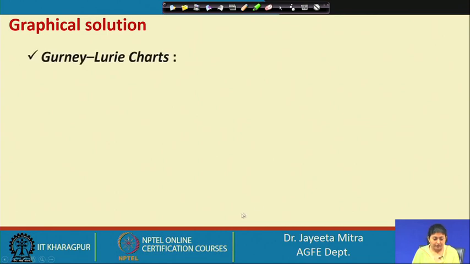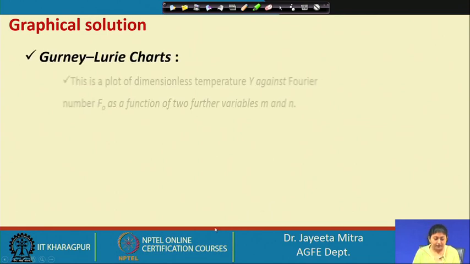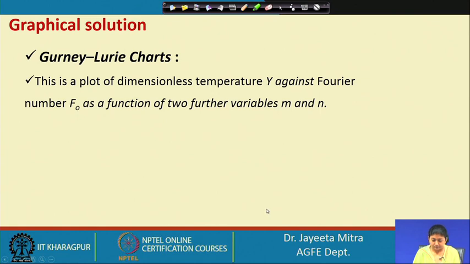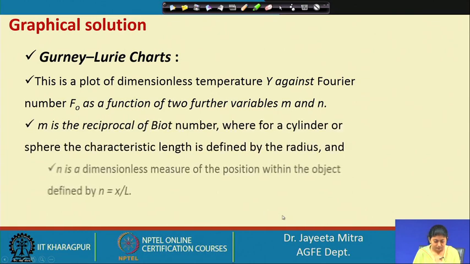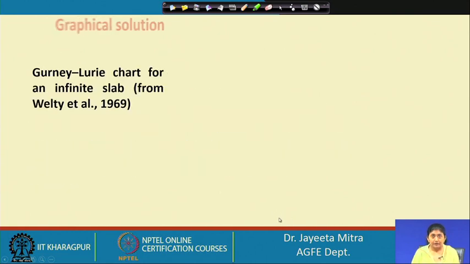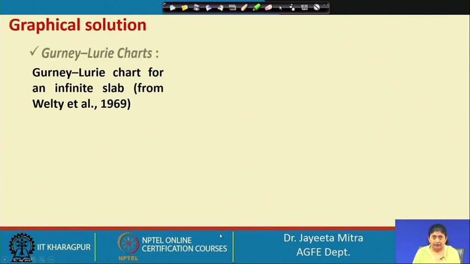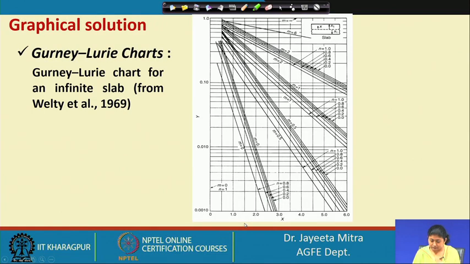So, graphical solution, if we see the Gurney-Lurie chart, this chart is represented here. This is basically for the infinite slab.